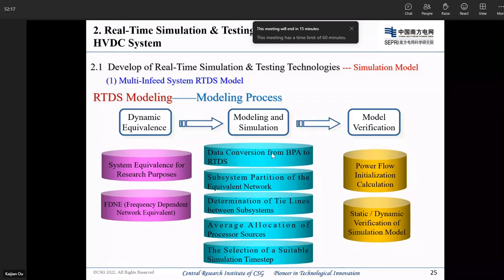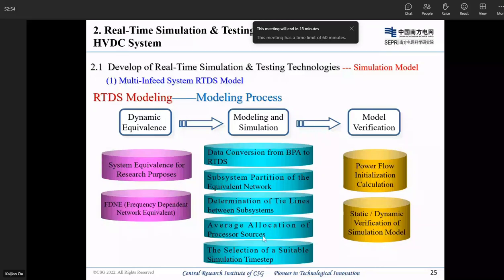For modeling and simulation, we convert the data from PPA to RTDS. PPA is the TS simulation program, converted to RTDS, and then we check the subsystem partition of the equivalent network, and determine the TT line between each subsystem.